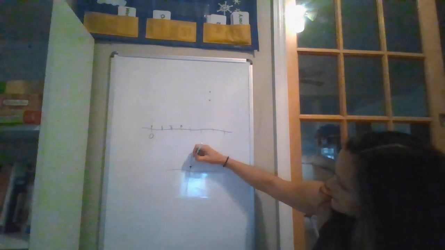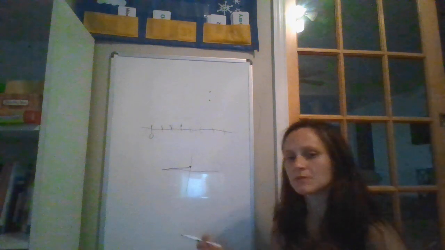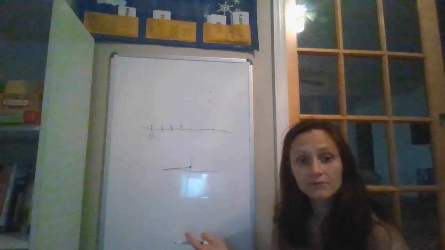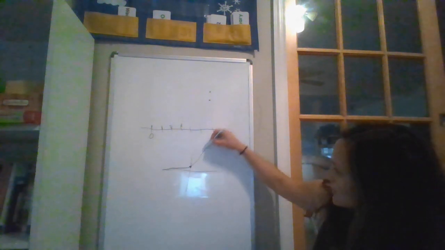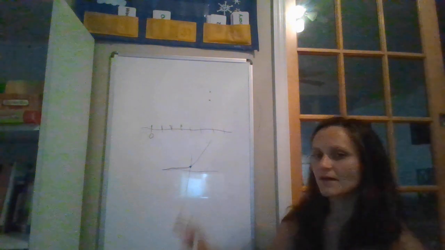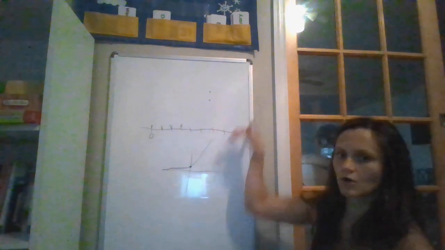But what happens is there's no power I can take something to ever get it to be equal to 0. So anything to the 0 power is 1, and it will cross through, and then it will shoot up really fast. And we've probably seen this graph before and not realized it when we talk about exponential growth.